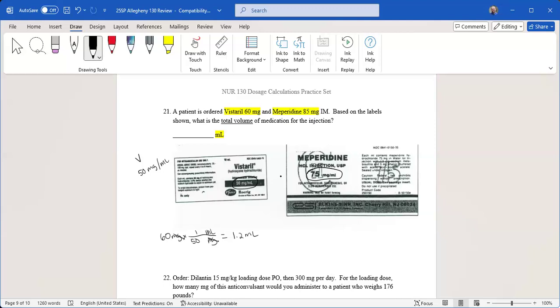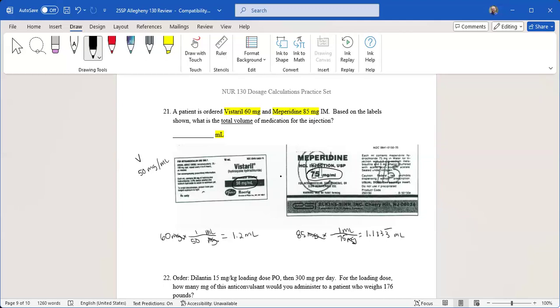Then I'm going to take my order of Meperidine, 85 milligrams, times my available, which is 1 milliliter per 75 milligrams. 85 divided by 75. Now this is where I get a 1.1 and then 333 just keeps going on and on, milliliters.